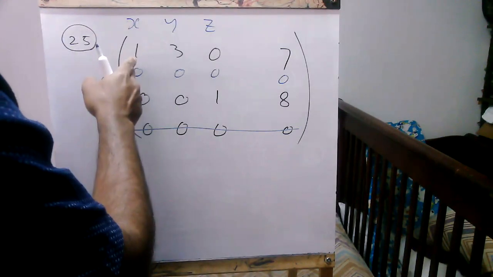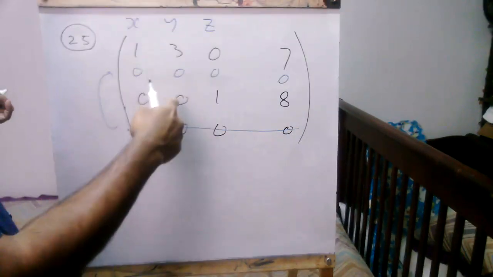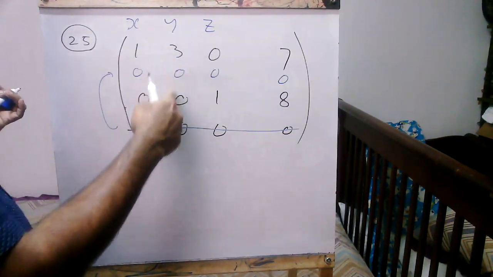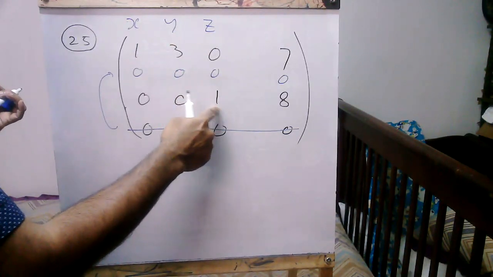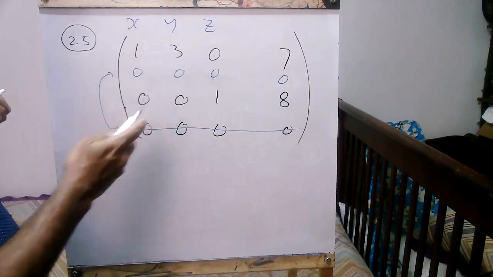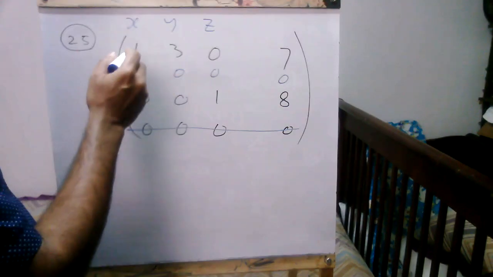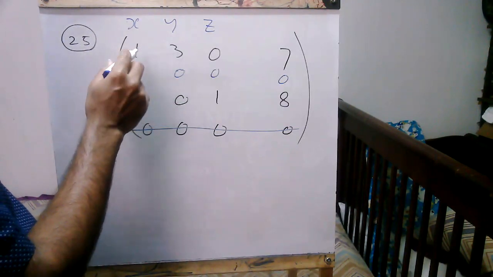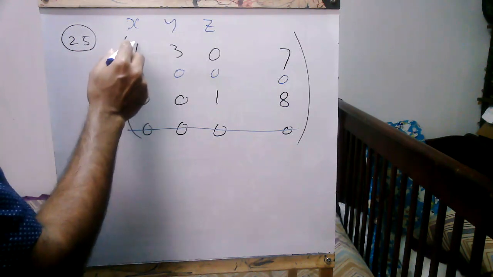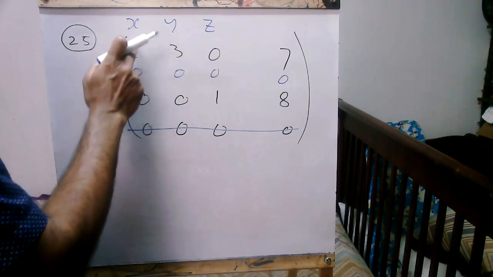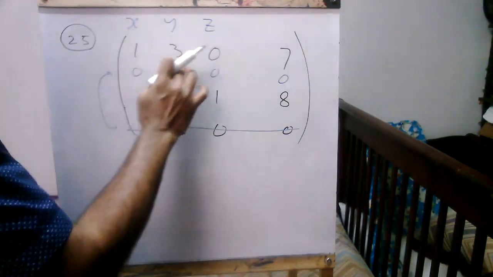Now this is x. Y's coefficient we cannot find as 1. Z's coefficient, yes, we can find. It's 1 here in this row. When we reduce to a reduced row echelon matrix, the front number should be 1 and the rest 0, but these two are not 0.